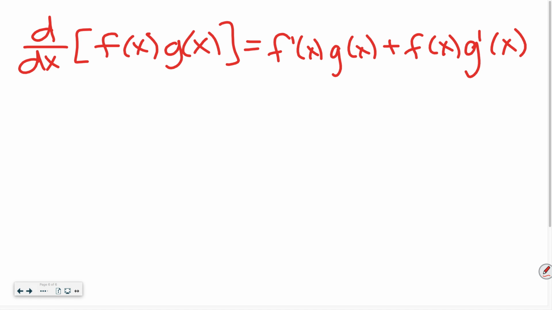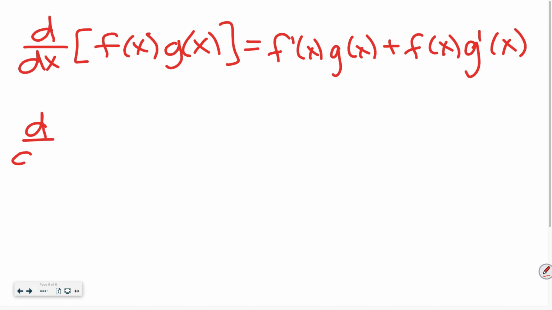Okay, so like in that last example, we need to see that we have a product. I have two functions multiplied together. I need to take the derivative of the first times the second plus the first times the derivative of the second. We have to recognize when we have a product.